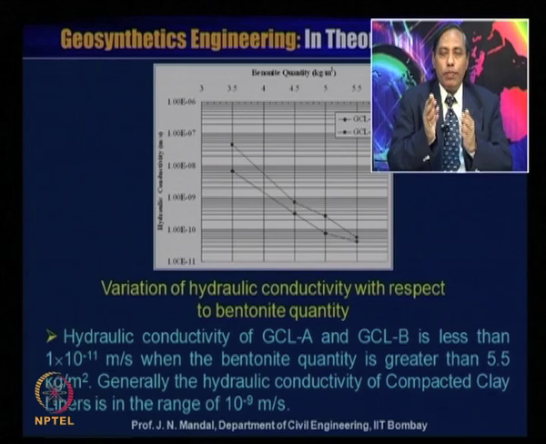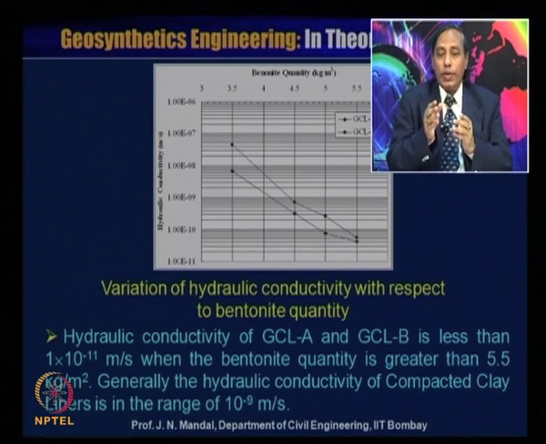But alternative to the compacted clay liner, if we use the geosynthetic clay liner, whose coefficient of permeability or the hydraulic conductivity is about 1 into 10 to the power minus 11 meter per second.